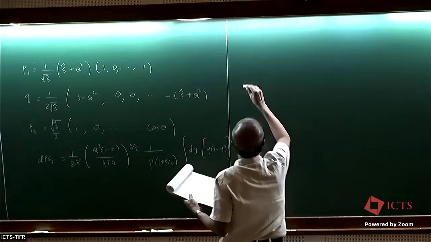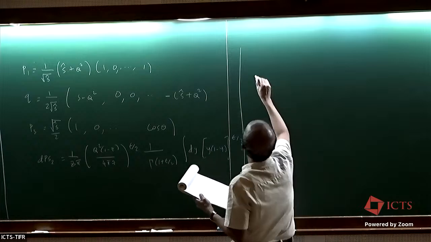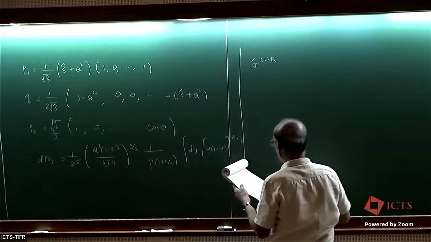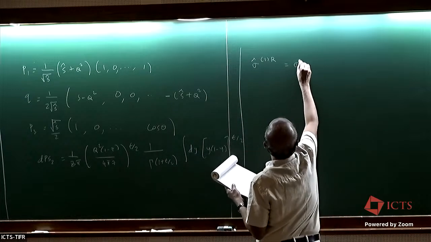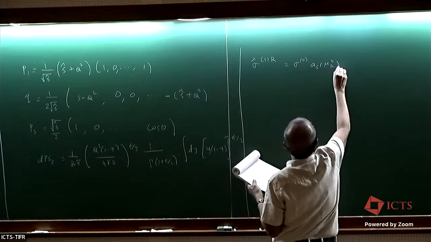So the answer to this process would be something like this: the real part is sigma of 0, alpha s of mu r square. I'll write down the answer.